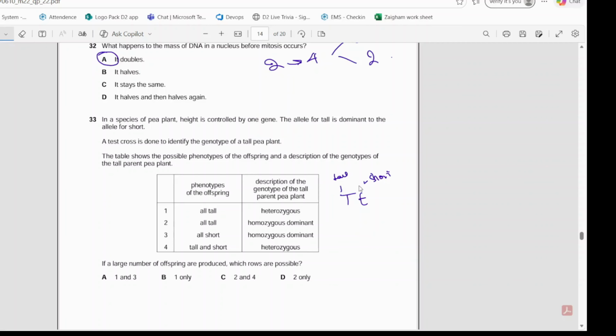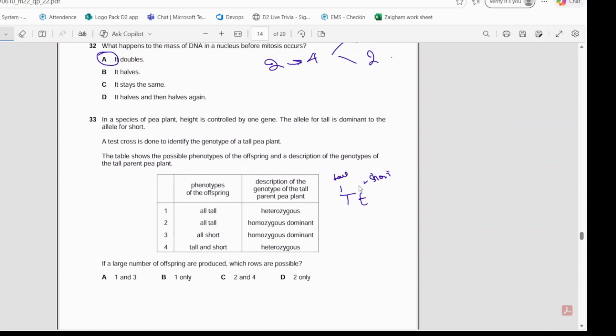Which row is possible? Which options are correct? Let's say.